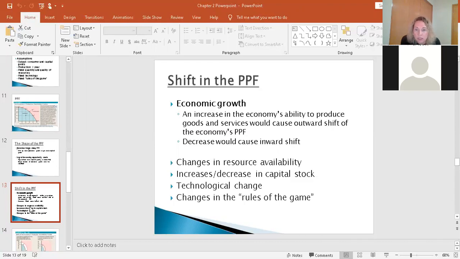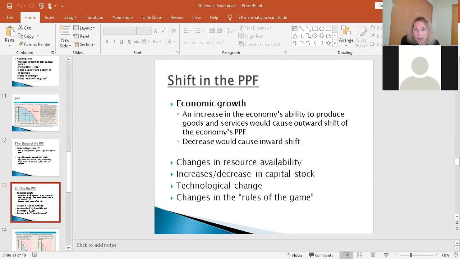When might you see a decrease in capital stock? When might we see huge decreases in the amount of capital in an economy? Any thoughts? It's usually war. Usually war creates huge decreases in capital. If buildings and factories and machinery and equipment and whatever, natural disasters, thanks, that's another one, right?